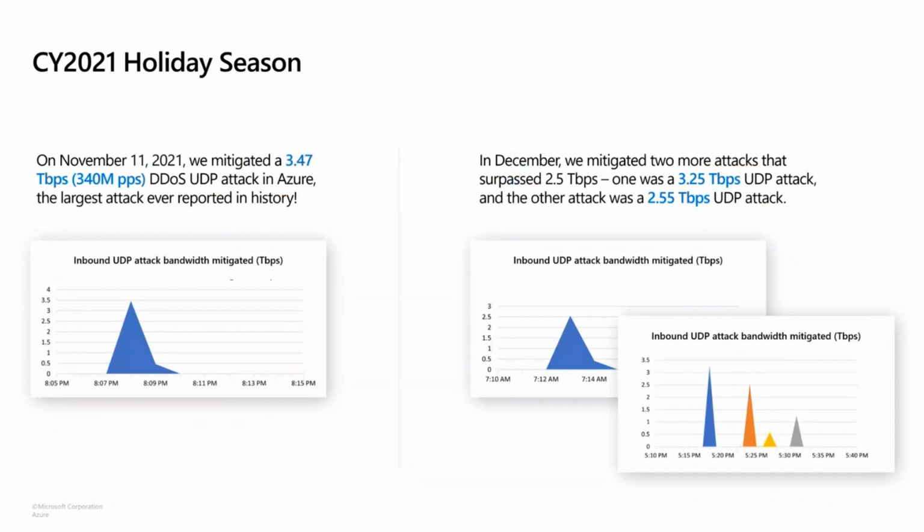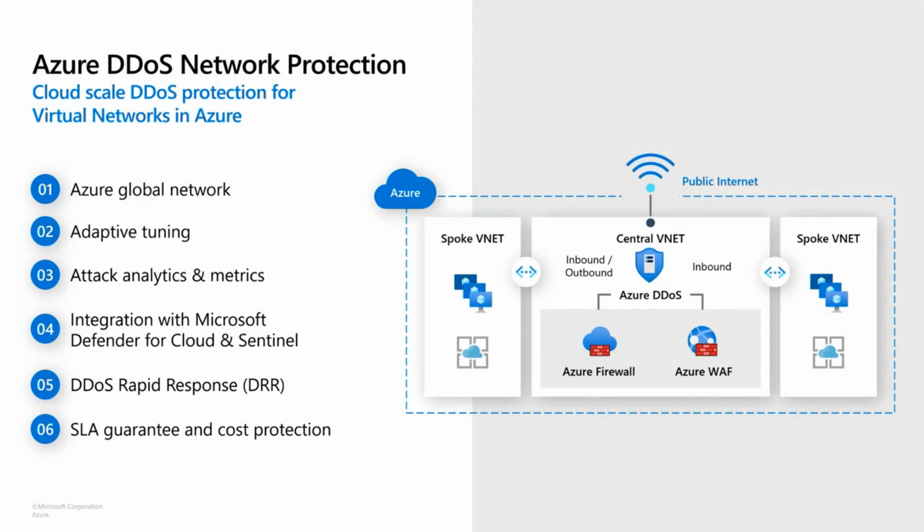The largest documented attack is actually one that Azure successfully mitigated, at 3.47 terabits per second. Huge attack. I think we had a similar attack in 2022 that Microsoft successfully mitigated, but you get the idea of the size of these attacks. Then the challenge becomes how to mitigate these, and that's what we are trying to address.